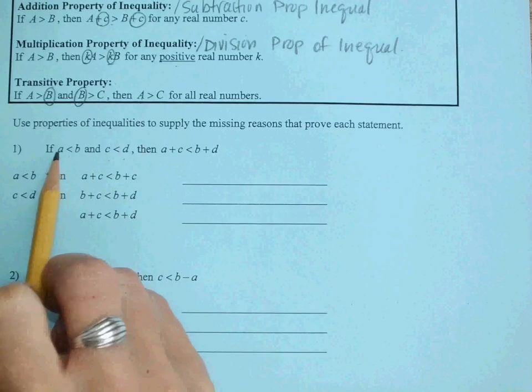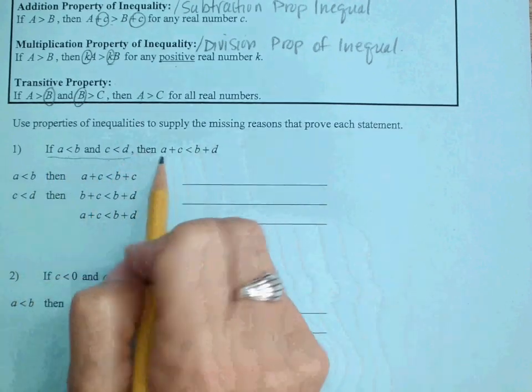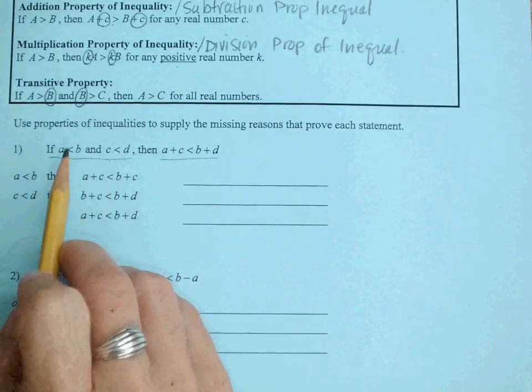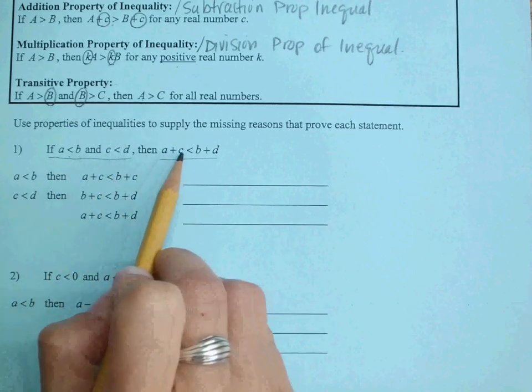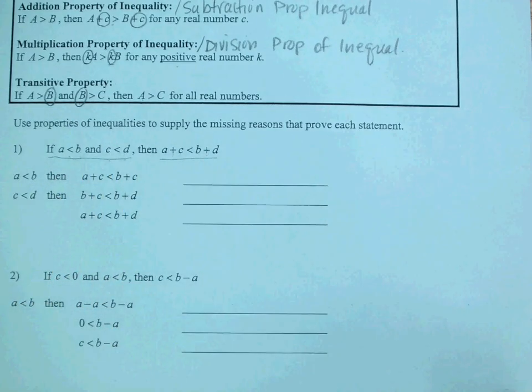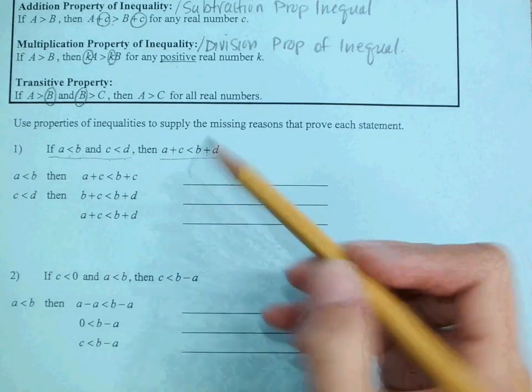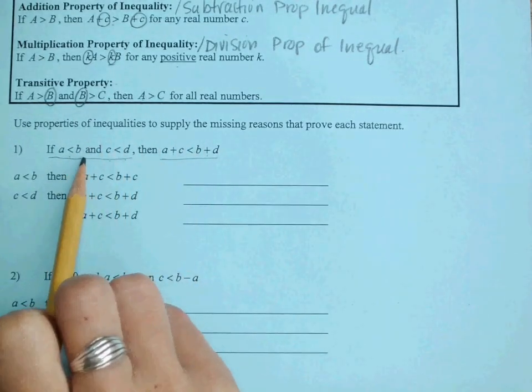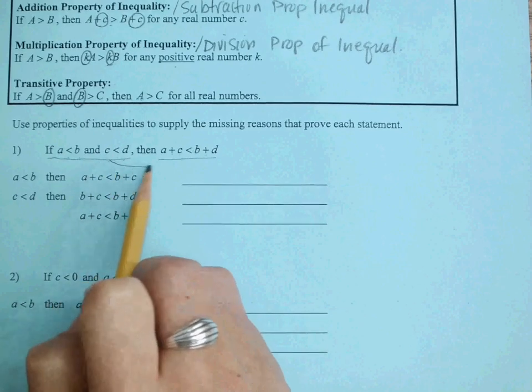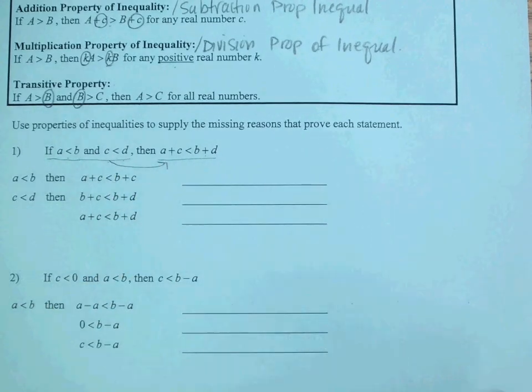Basically, this is what we're starting with, and this is our goal. They're saying that if this statement is true, then this has to be true. Our goal right now is to make that connection: how do we go from what we start with to that part right here?